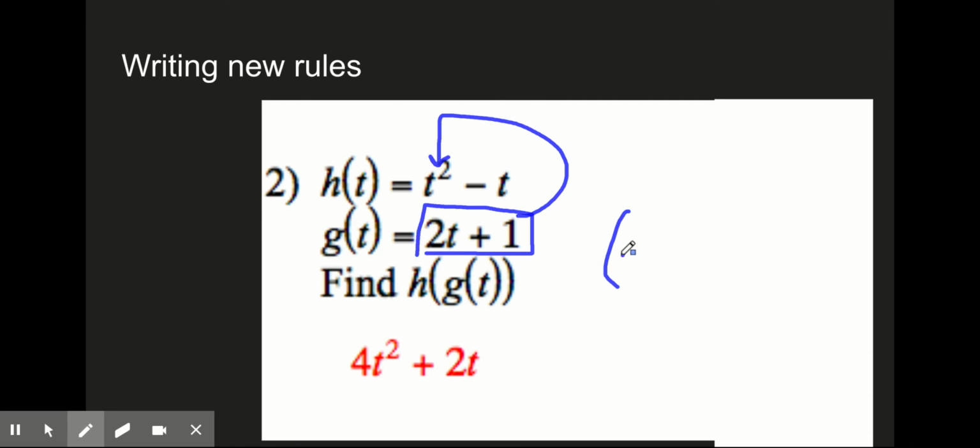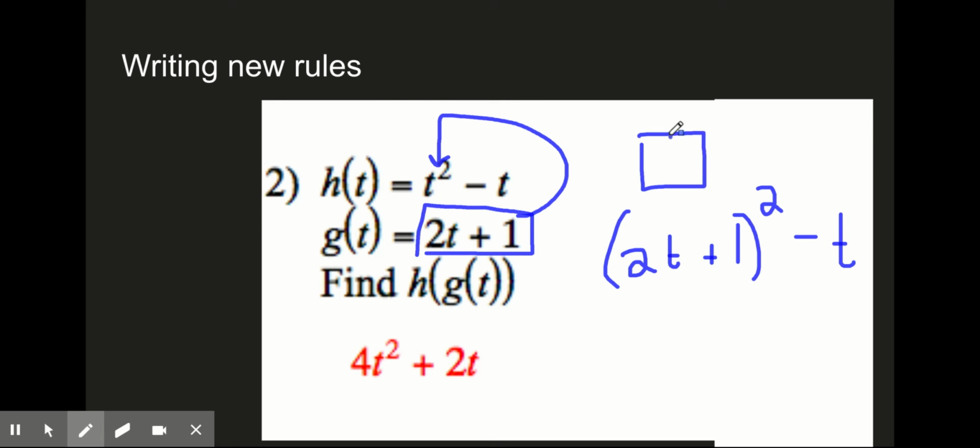So what I'm doing is 2t plus 1, squared, minus t. I could do the table method if I wanted to, to help keep myself fresh on that strategy, right? When you're squaring something, you're multiplying it by itself. So 2t plus 1.